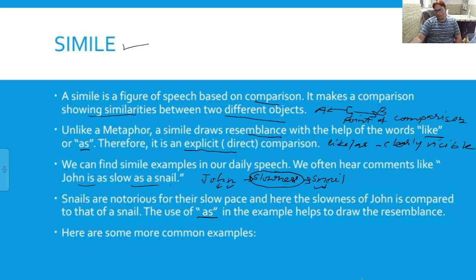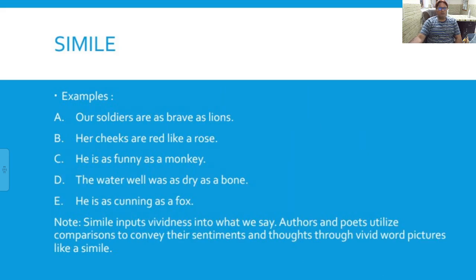Now, we go ahead. Some examples now. Soldiers are as brave as lions. Now, two elements, two objects or two parties: soldiers and lion, right? Both are different.